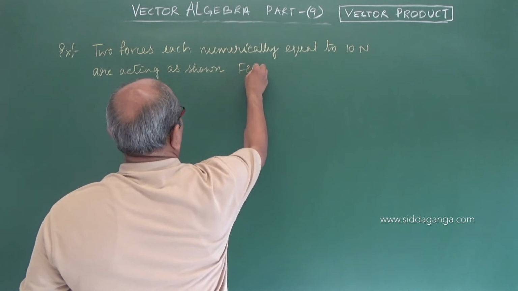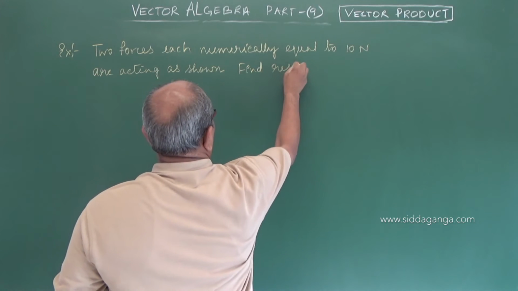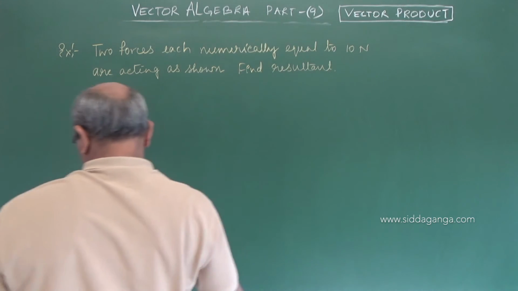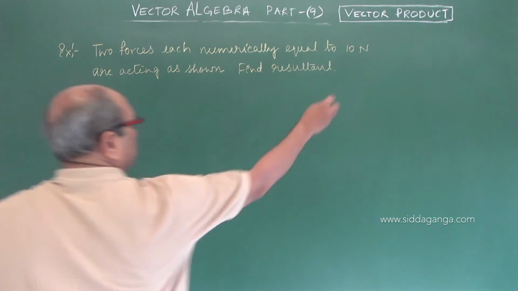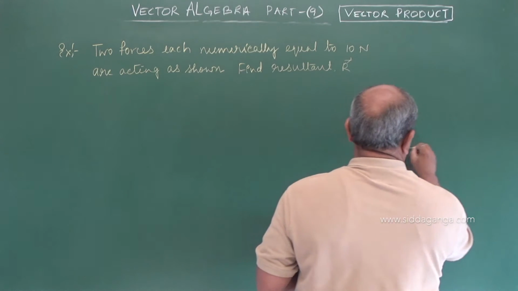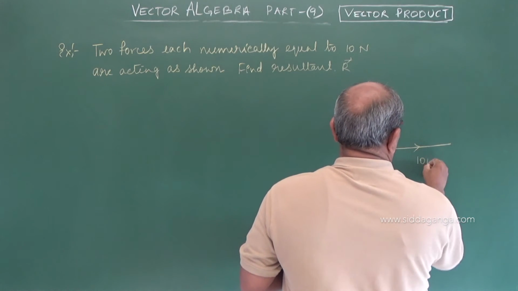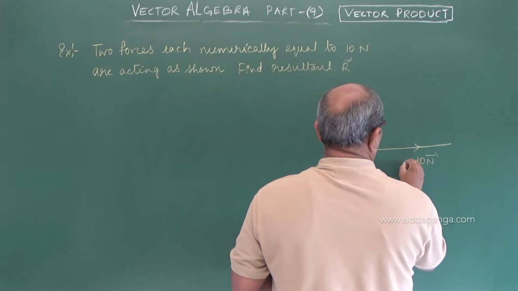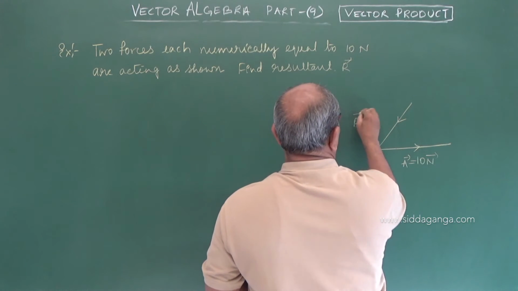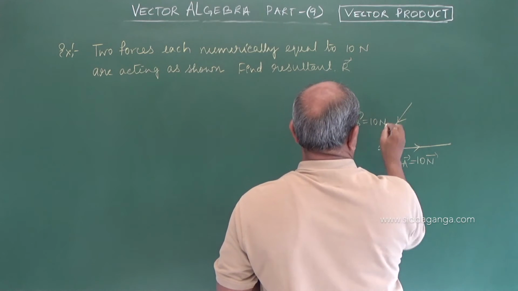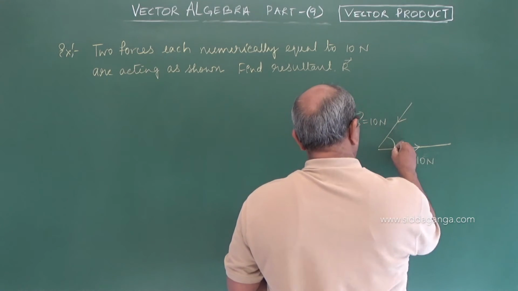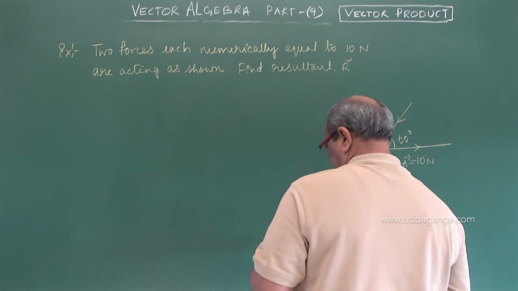Find the resultant R. In the figure shown, one vector of 10 Newton may be called A, and another vector B also has magnitude 10 Newton. The angle between them is 60 degrees.